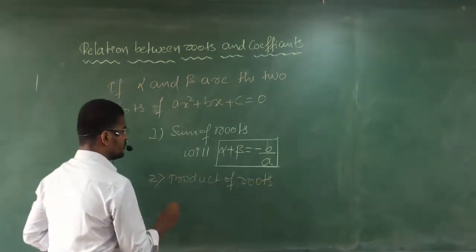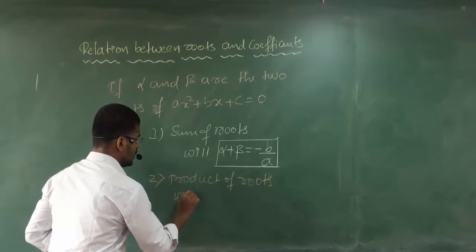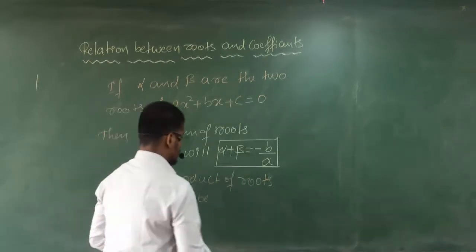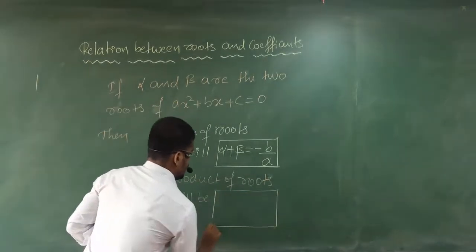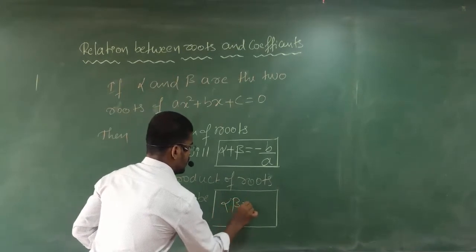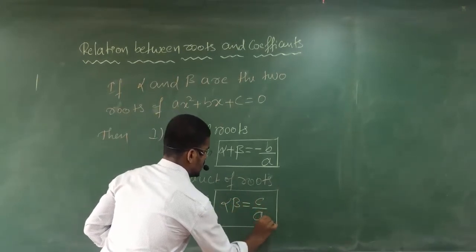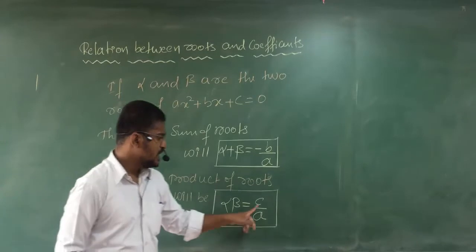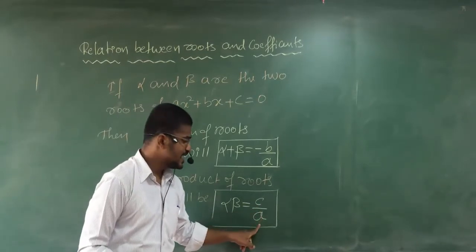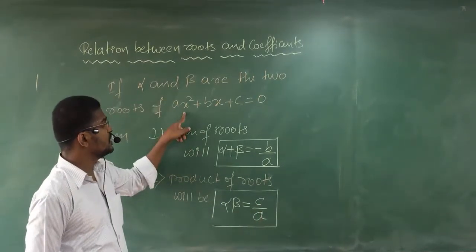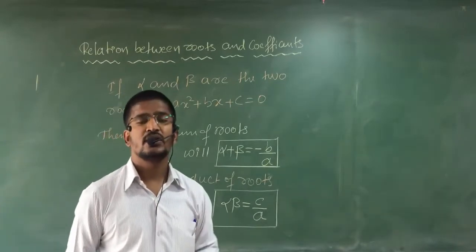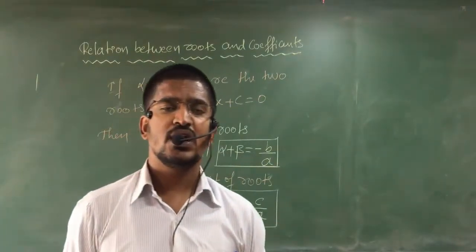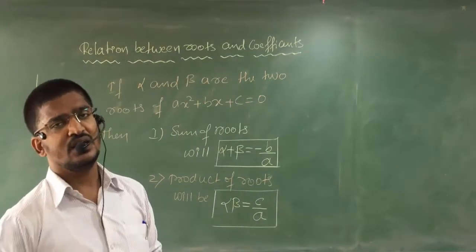Next, the product of the two roots. The product of roots will be alpha into beta equal to c by a. Here c is the constant term and a is the coefficient of x square. These terms are very helpful in solving problems.